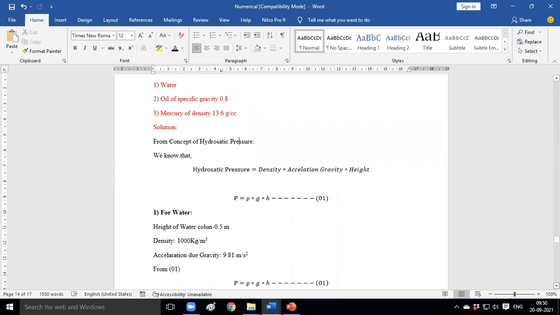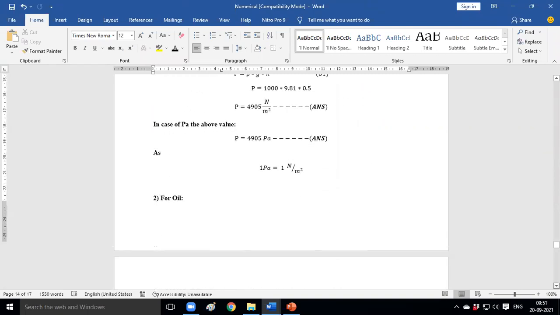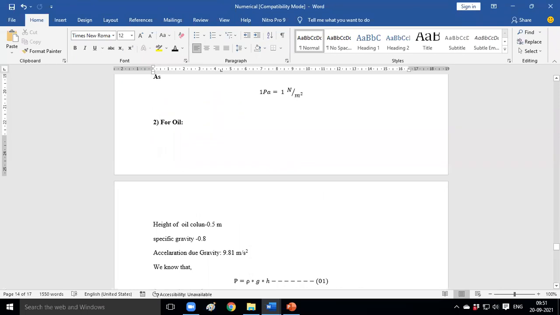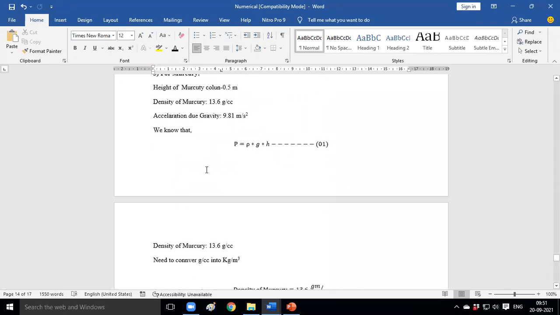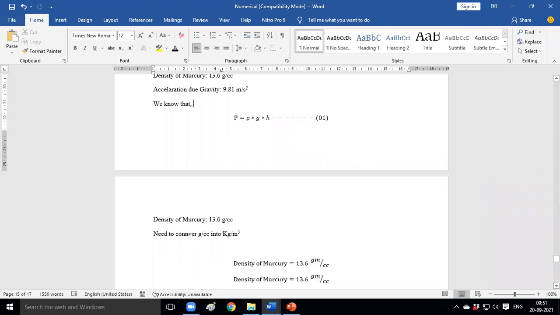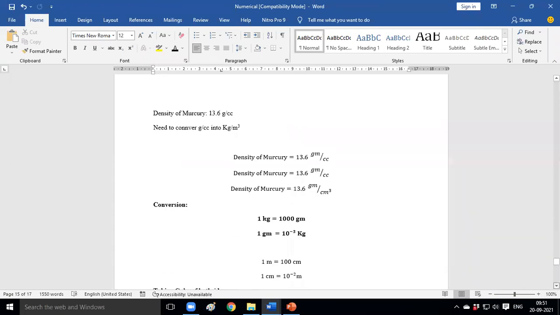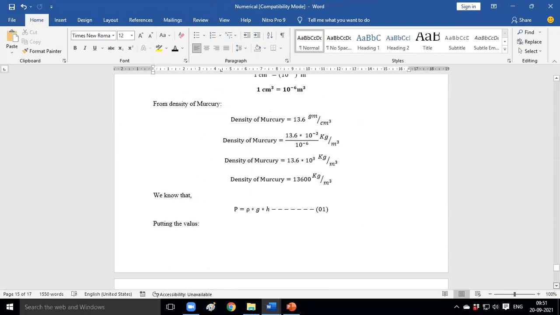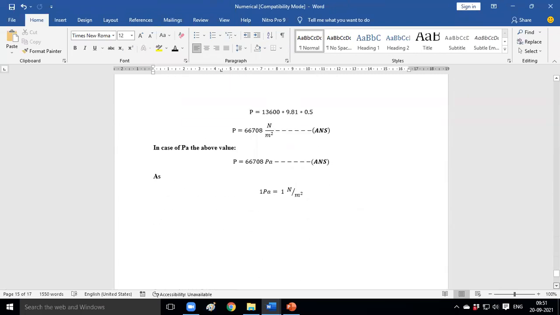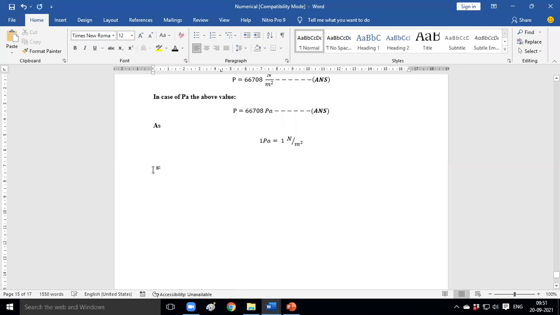Now we can take the next numerical. The next numerical is a manometer numerical. Is this numerical understood? Any doubt in this numerical? Now the next numerical is a manometer numerical.